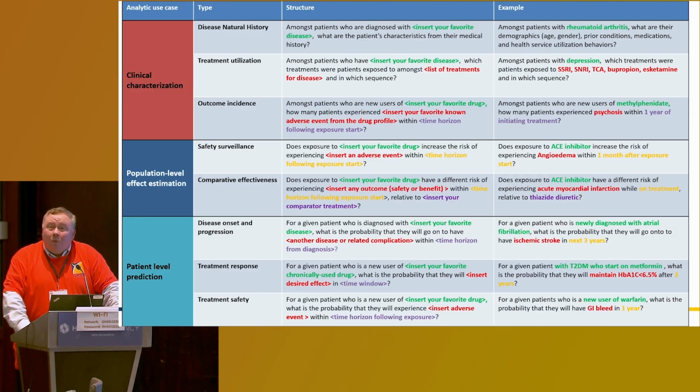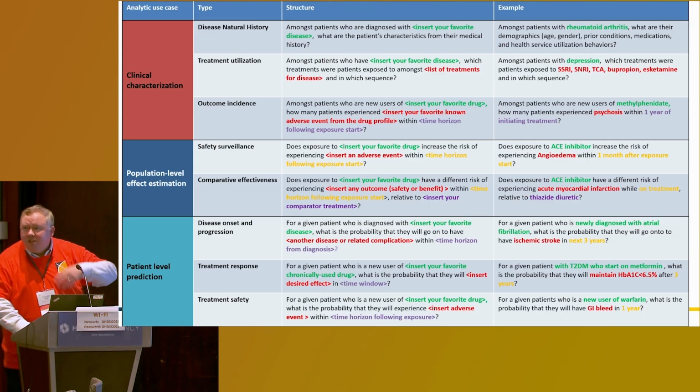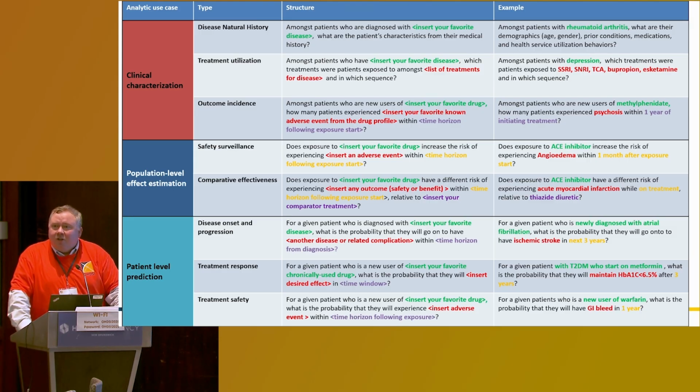But the idea is that no matter what disease area you're interested in, no matter what medical intervention you're interested in, whether you're interested in drugs or procedures or measurements, there's probably a very standard rubric for how you can think about asking questions. And a large part of this tutorial is going to help you understand how to structure your questions such that, once you know the question and have an expectation of what the output could be, you can then think about using standardized analytics on standardized data to generate that evidence that you're looking for.